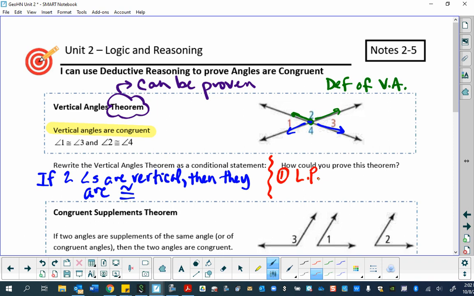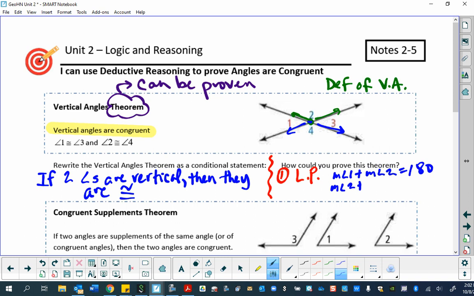Do you see here that the measure of angle 1 plus the measure of angle 2 is equal to 180 degrees? Boy, did I just take a bunch of leaps. I said 1 and 2 are a linear pair. If they're a linear pair, they're supplementary. If they're supplementary, they add to 180 degrees. Those 3 steps need to be acknowledged. Nod your heads and go, got it. I didn't hear a single got it. Got it. Okay.